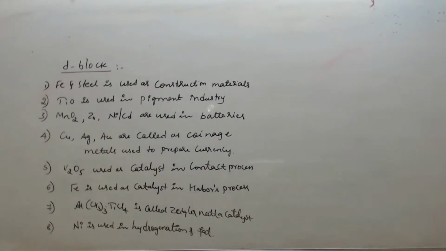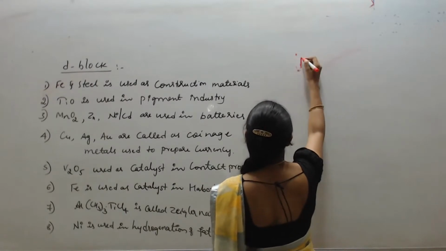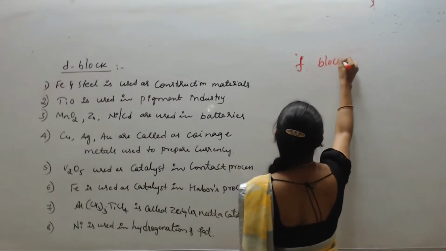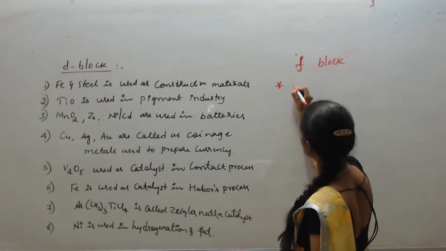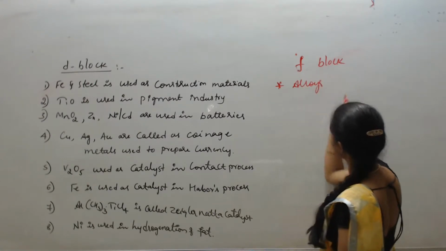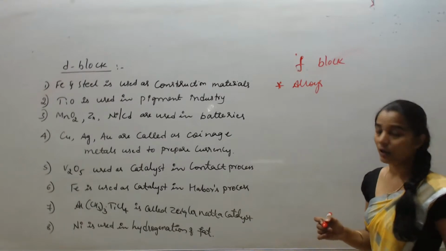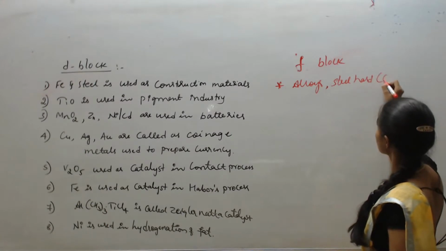Okay, so these are the uses of d block elements. So uses of f block elements, students. Lanthanides are used in alloys. The lanthanide alloys, they are steel hard, especially cerium.